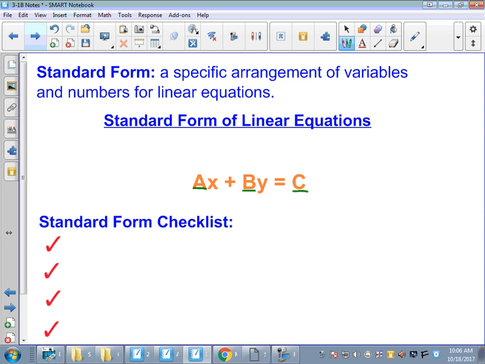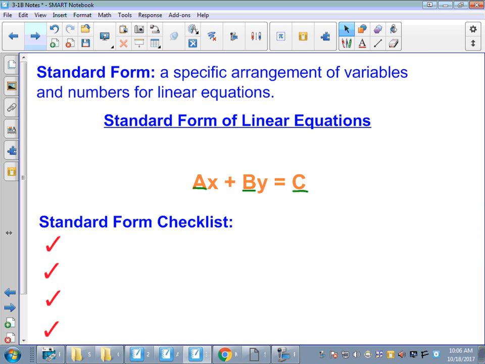The a value is the number of x. It's your coefficient of x. The b number is the coefficient of y. And then the c number is the leftover number that isn't attached to an x or a y. So we put the x and the y on the same side of the equation, and then we put the number on the other side. Okay, it's not my rule, it's just the standard of mathematics.